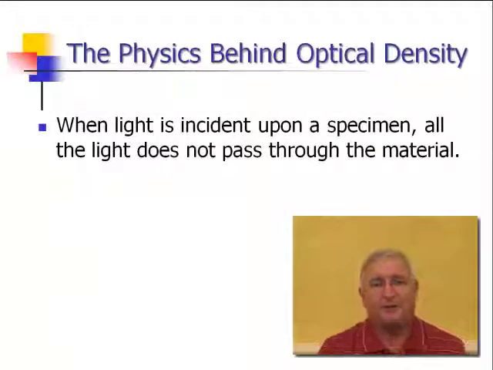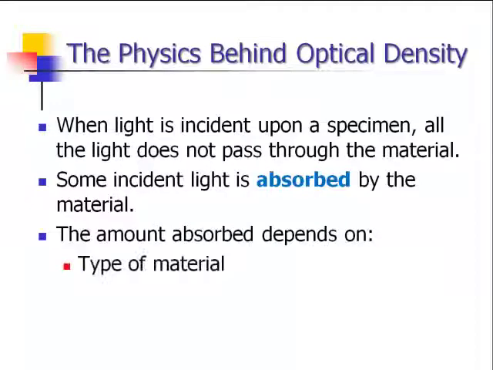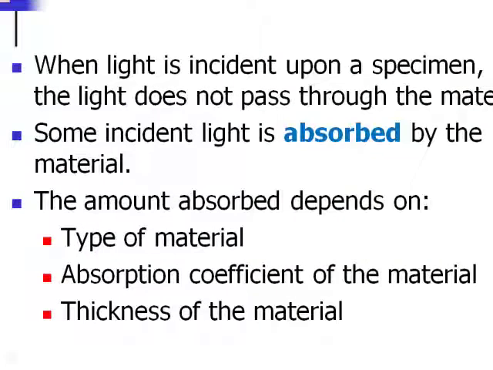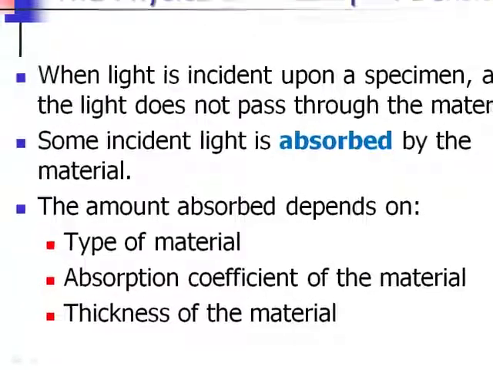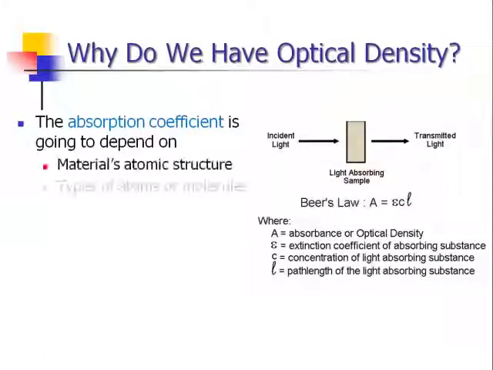Now let's look at the physics behind optical density. When light is incident on a specimen, all the light does not pass through it. Some of the light is absorbed in the material. The amount absorbed depends on different things: the type of material, the absorption coefficient of the material, and the thickness of the material.